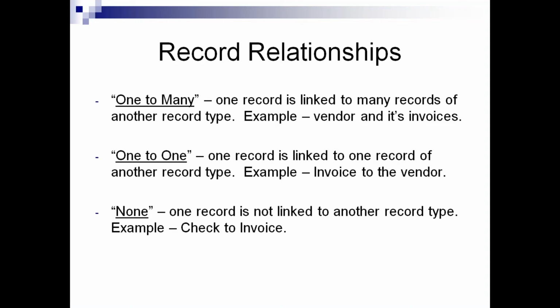So let's talk about record relationships for a second. We talked about this last week. You may be dealing with a file that has multiple records in it. As an example, the vendor master file not only has the vendor record in it, it also has invoices and the payments and the checks that go with those invoices.